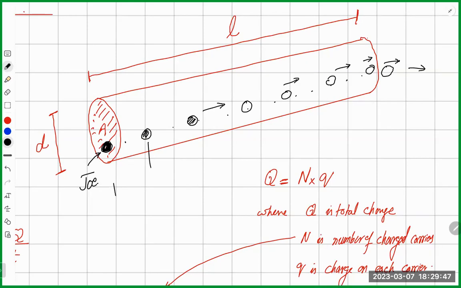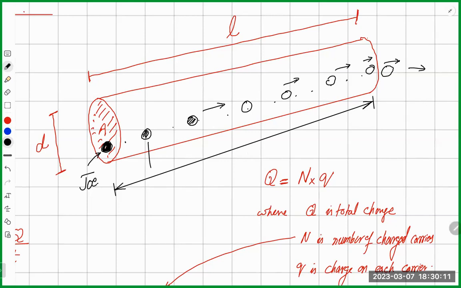So electrons drift, but I'm talking about this particular electron, Joe. Joe will definitely take some time, and there will be a time when Joe will actually come out from the other end. With every single electron coming in, Joe will get one seat next, one seat next, one seat next, and there will be a time when Joe will come out.